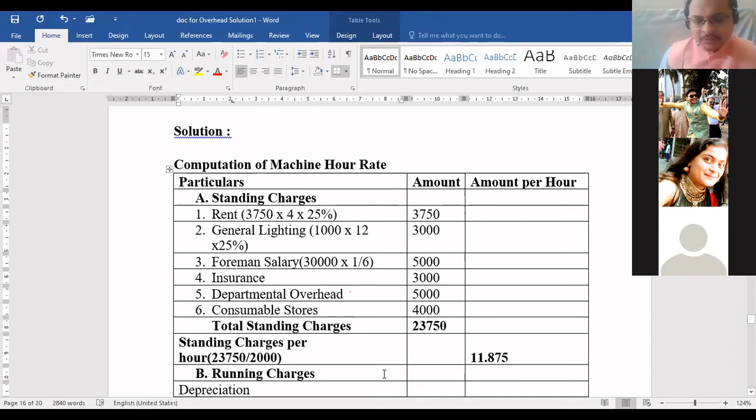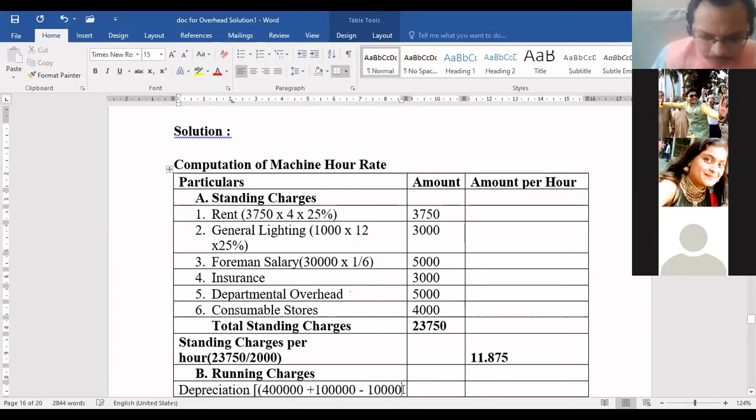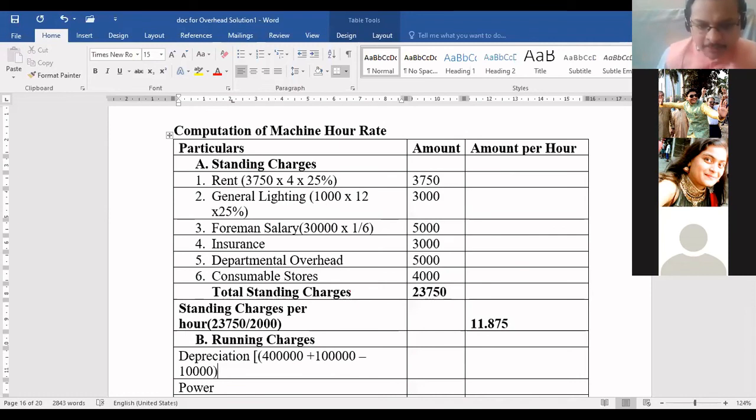Now tell me, depreciation, what are the values given? We'll do the calculation here itself. 4 lakh plus 1 lakh minus the scrap value of 1 lakh, divided by the life of the machine, 10 years into 2,000 hours to find the per hour rate.